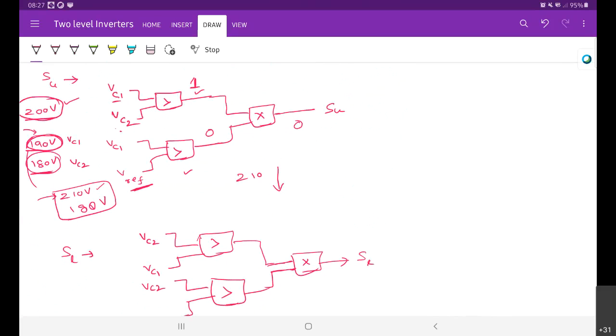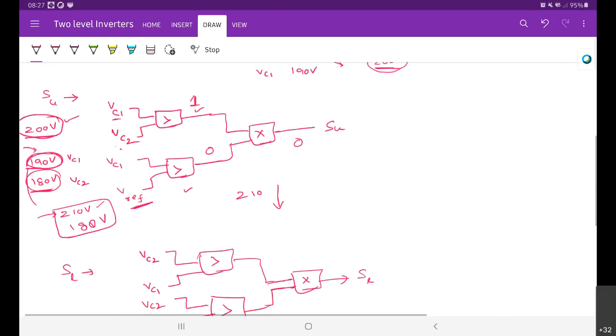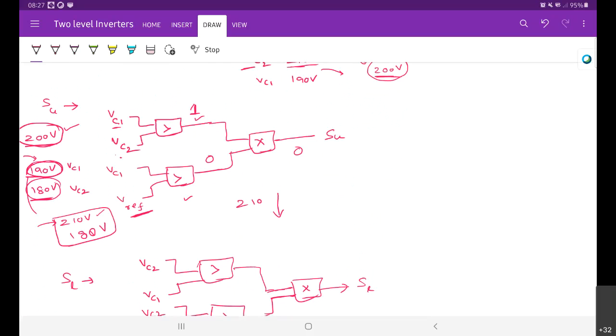So that condition will never occur. Only one switch can be on at a time, based on the conditions VC1 and VC2. Either the upper will turn on or the lower will turn on. If VC1 is greater, there is a chance that the upper will be turned on.